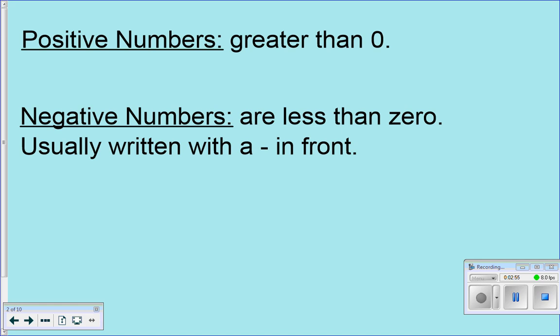Now, do you have to write down everything that I have up here word for word? No. But I want you to write it down how you can understand it. So don't think you have to do it word for word like I have it up here. And if it's something you know already, you don't need to write it down. Like, you all know positive numbers are greater than 0.